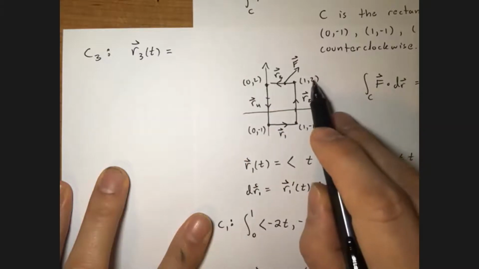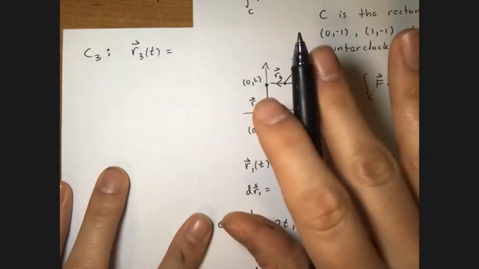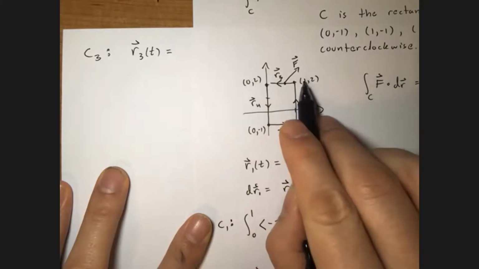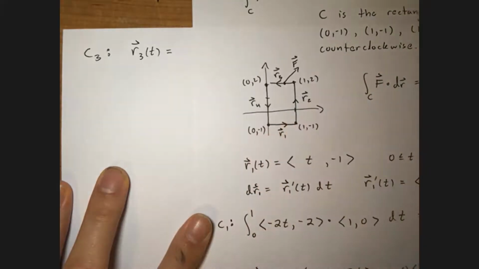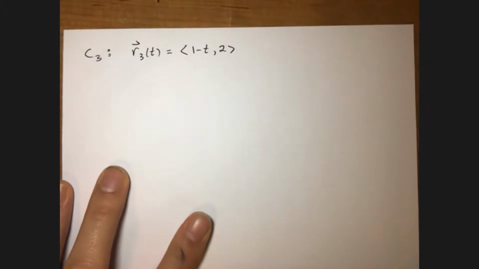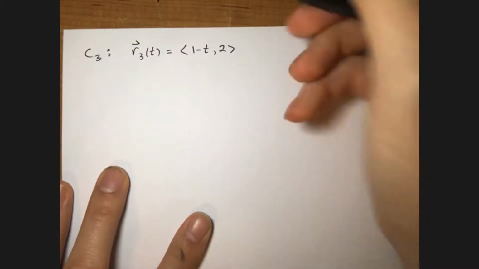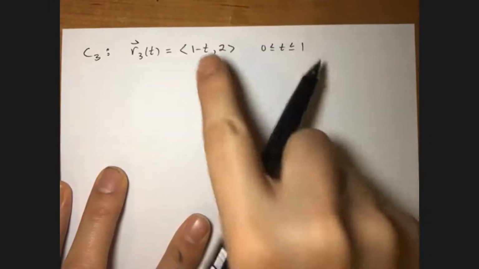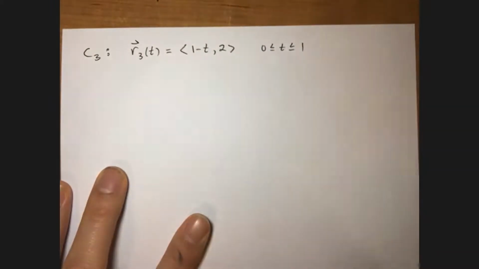So the y coordinate stays the same. So that's just going to be 2 the whole way. The x coordinate has to start at 1 and end at 0. So why don't we just do 1 minus t? So there we go. And that is true from 0 to 1. When t is 0, we're at 1, 2. When t is 1, we're at 0, 2.